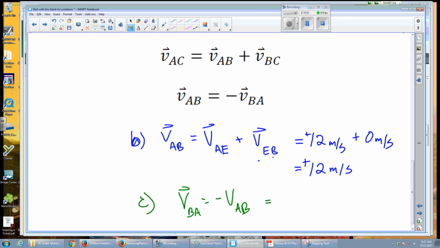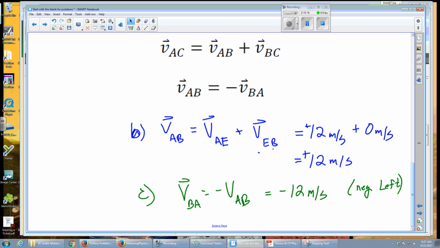And so that's going to equal negative 12 meters per second. Remember, the negative means left. Correct? Yes? Makes sense? All right.